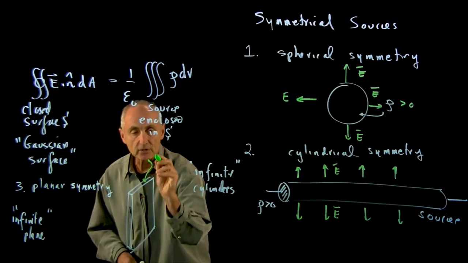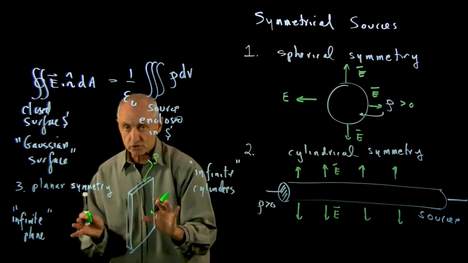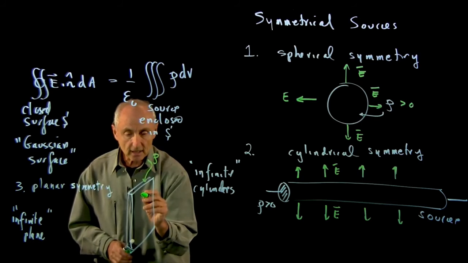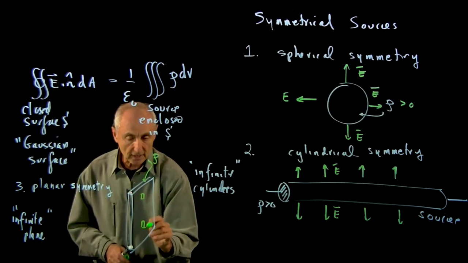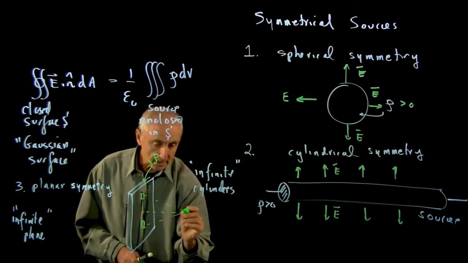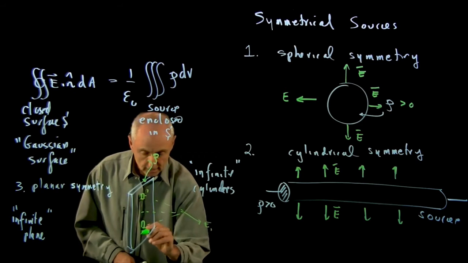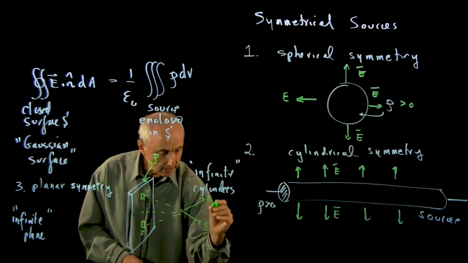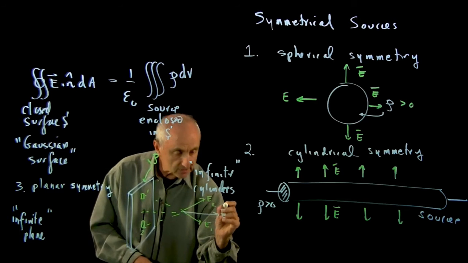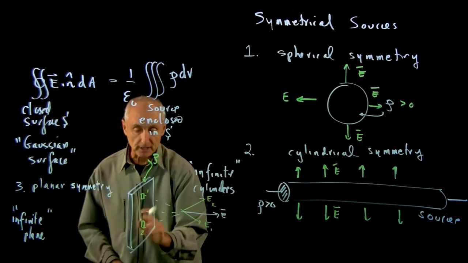This is an infinite plane with a charge density rho. And now, with this type of source, because it's infinite, you could imagine that I could take two little pieces here and there, and if I looked at the line dividing them, then the electric field, call this 1, the electric field 2, and when you add them together, you get some total that is only pointing perpendicular from the plane.